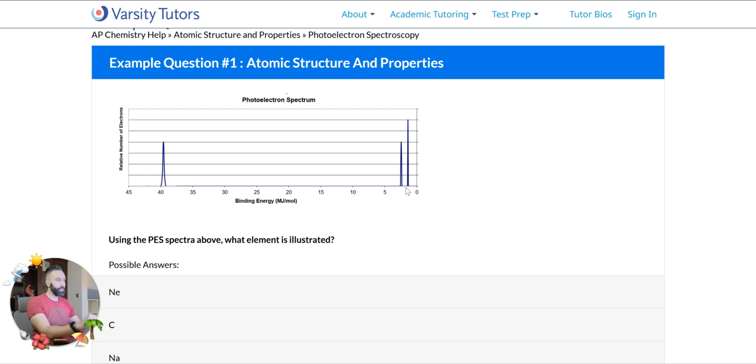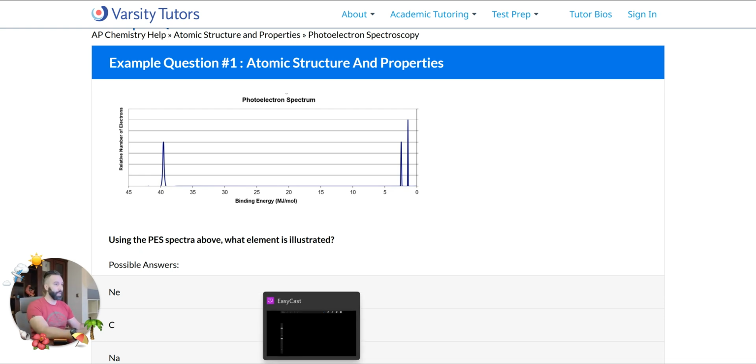Why? Again, simple. The size of this peak means that these are 2 electrons. So if this were 6, it would have to be 3 times higher than this. But it's not. It's only about 50%. So that means there are only 3 electrons in the p orbital. So we can easily determine, see, the question is what element is illustrated.